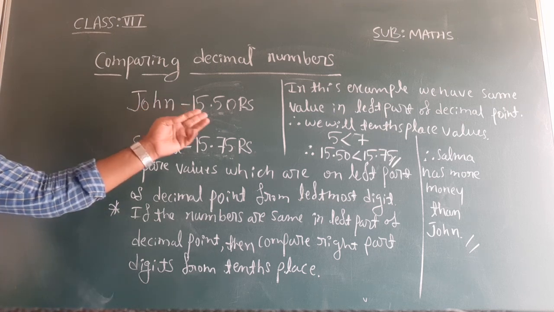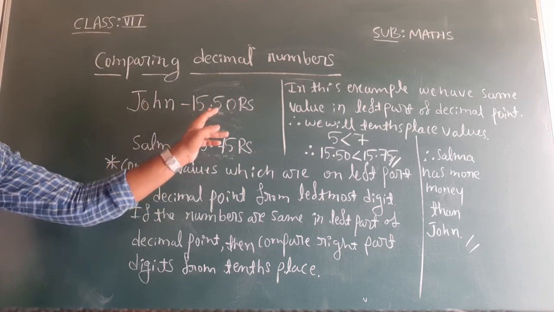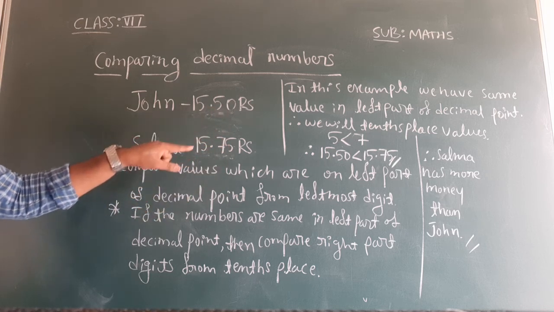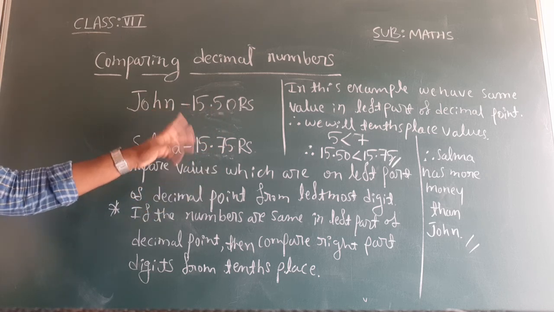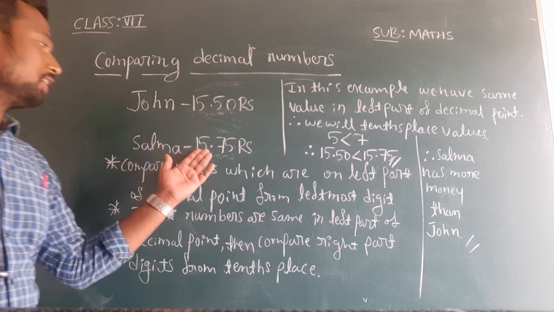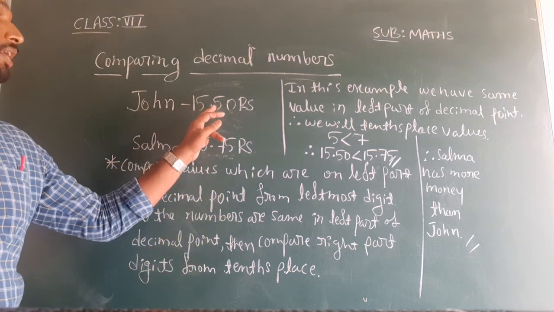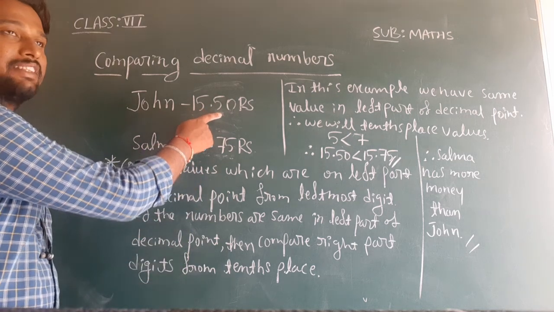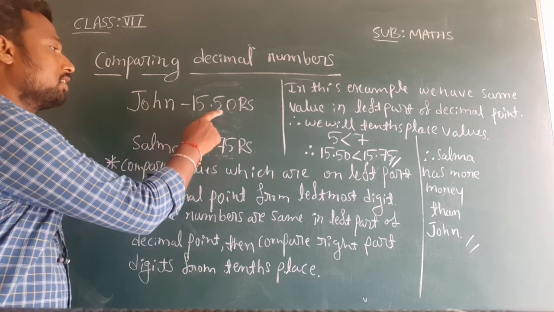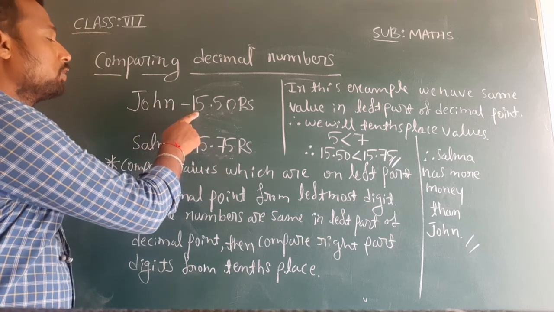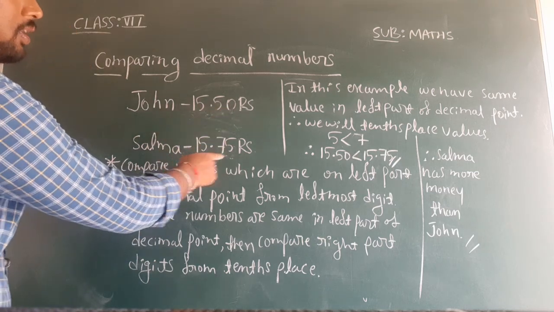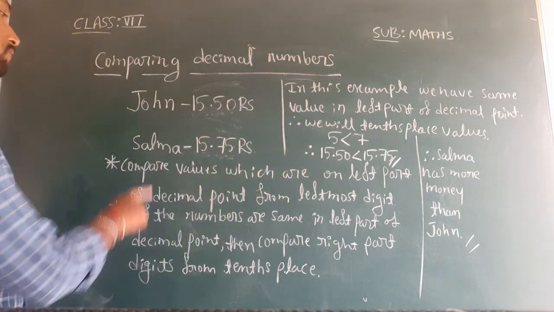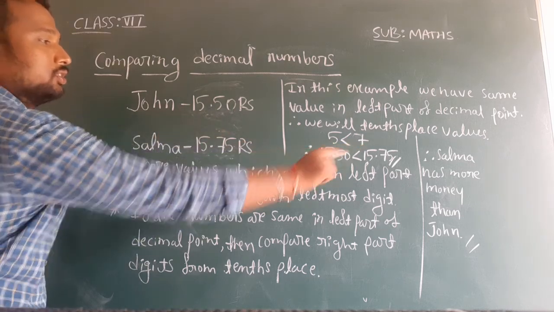First you have to see the left part of the decimal point from the leftmost digit. If you have the same numbers here on the left-hand side, we have 15 and 15, so you have to compare the right part of this decimal point. So from this tens place, here we have 5 and 7, 5 is less than 7, therefore 15.50 is less than 15.75, therefore Salma has more money than John.